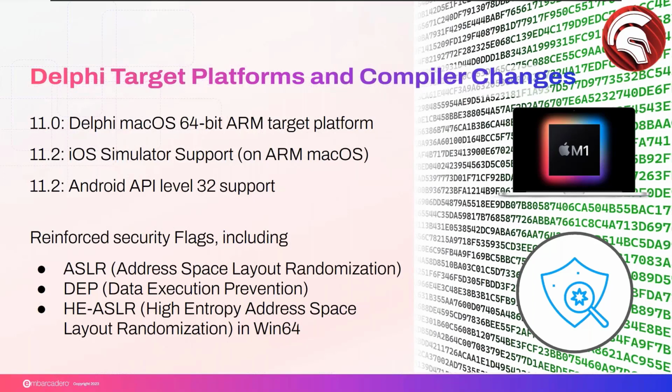Obviously, you need an ARM-based macOS device to compile to that platform, but that was a big milestone for us because the code is native and you're compiling native applications for that operating system.